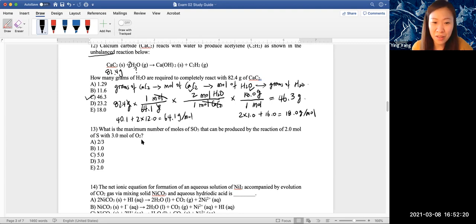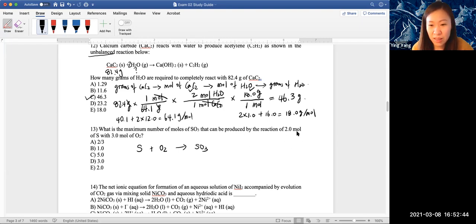So the reactants are sulfur and oxygen. So it's basically a reaction of element sulfur plus oxygen, and that forms SO3 as a product.